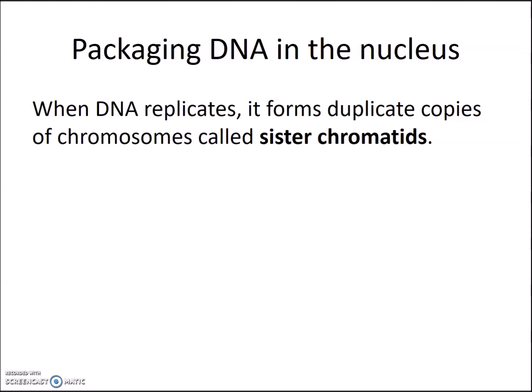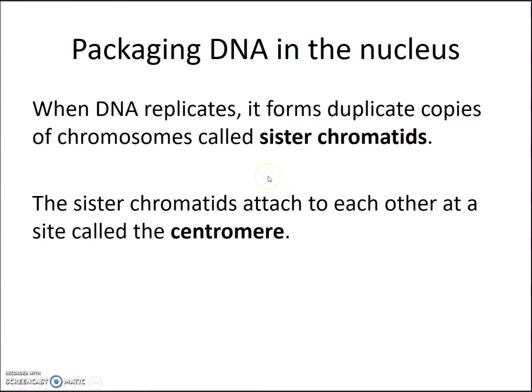You have a version inherited from your mother and a version of chromosome type 5 inherited from your father. Separately from having two versions, you can also duplicate the DNA so that you have two copies of your mother's version of chromosome number 5, and two copies of your father's version of chromosome number 5. The copies are called sister chromatids.